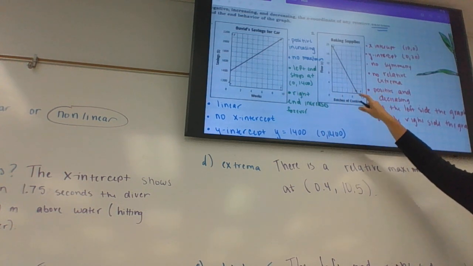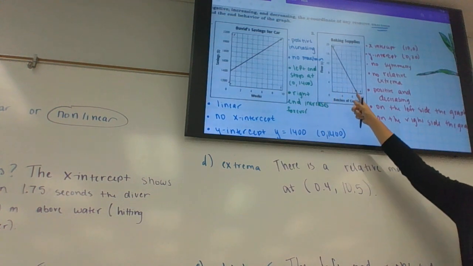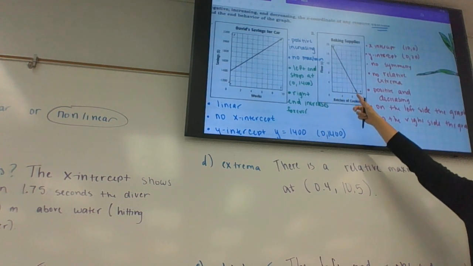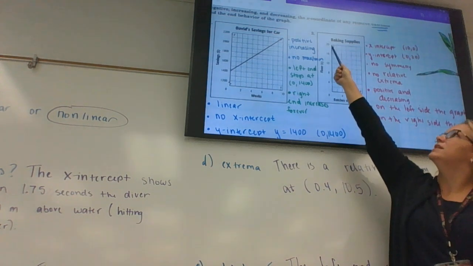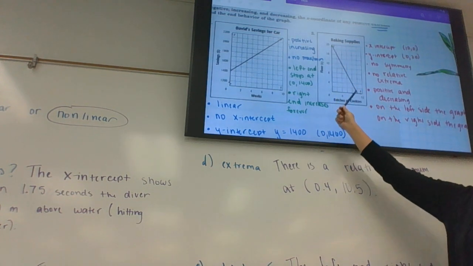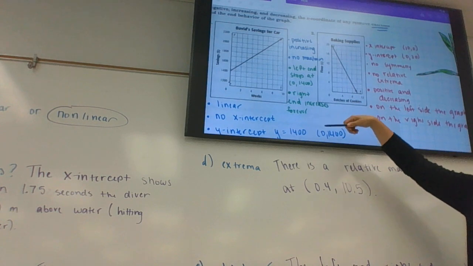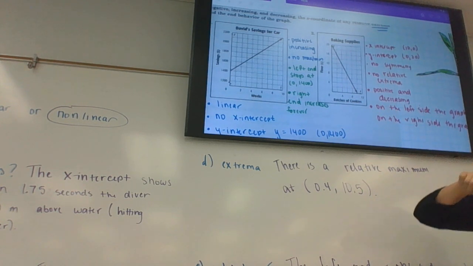So for 10 batches of cookies, I had 0 cups of flour left in my flour bin. So don't match up this y and this x. They're not together.